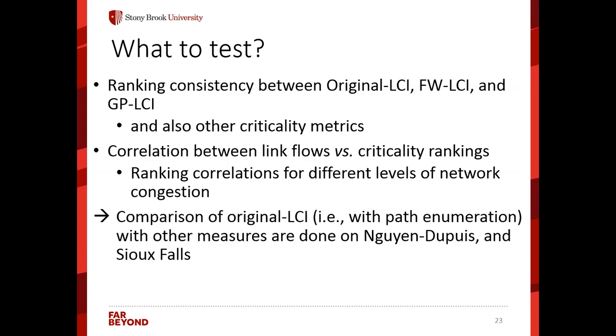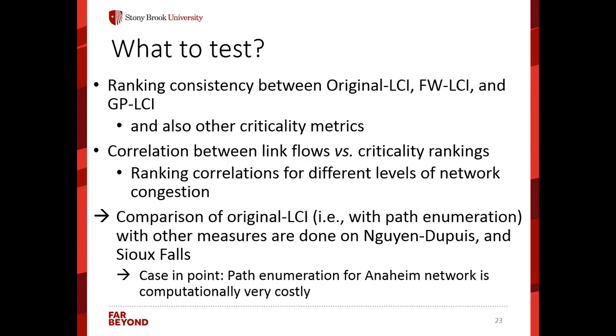And comparison with the original LCI, meaning with the path enumeration, with other measures is done for the Nguyen-Dupuy network and Sioux Falls. We couldn't do it for Anaheim, because path enumeration for the Anaheim network is computationally very costly.